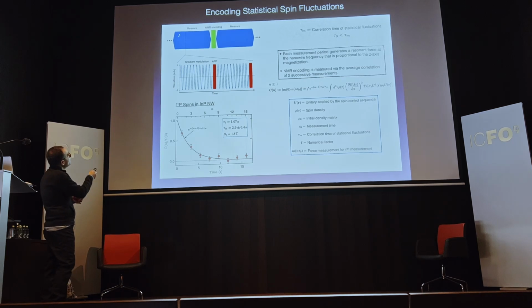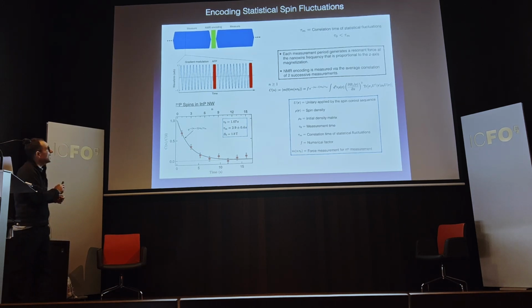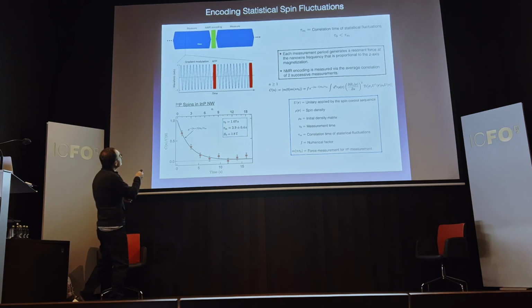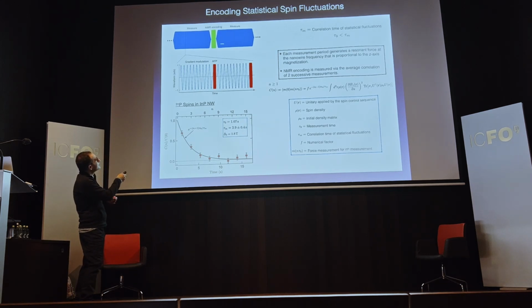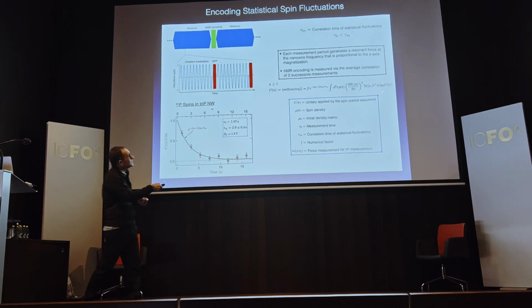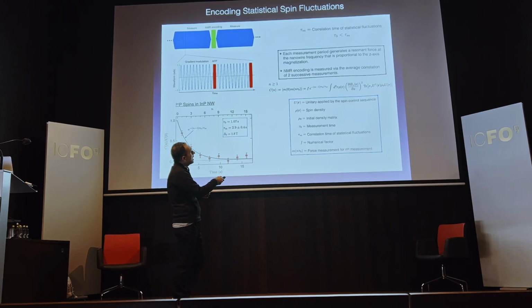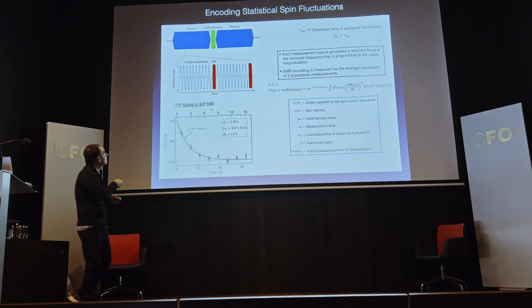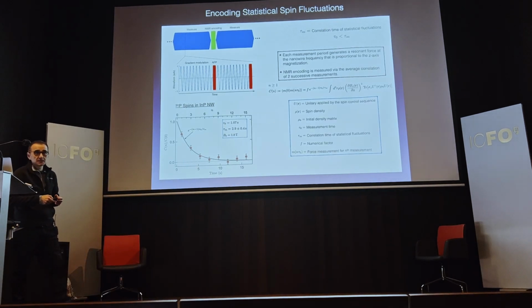So we measure the z-axis magnetization in these measurement blocks, and then in between we turn off that modulation and we do some NMR encoding. And what you can show is that if I study the correlation between 2 successive measurements, I get the expectation value of the density matrix evolved under whatever unitary I'm applying in the NMR encoding sequence.